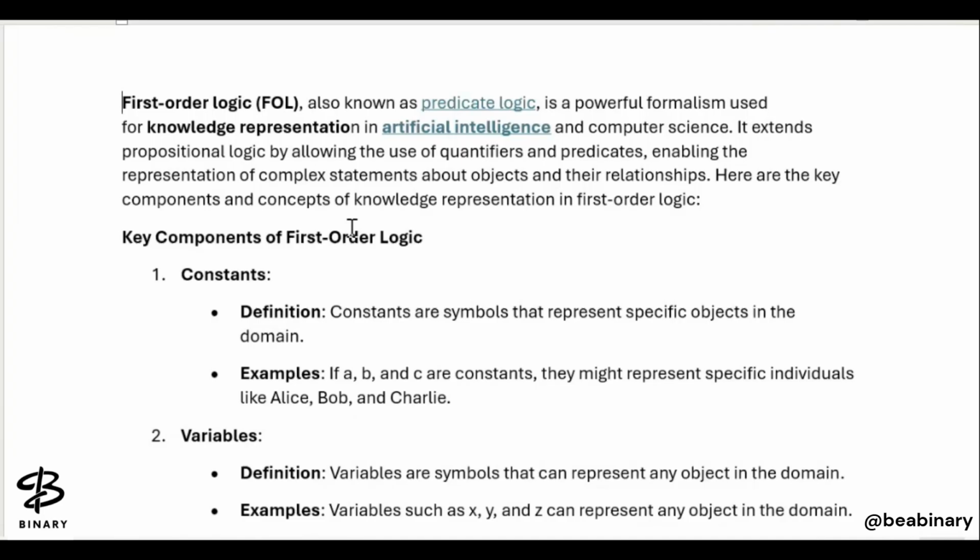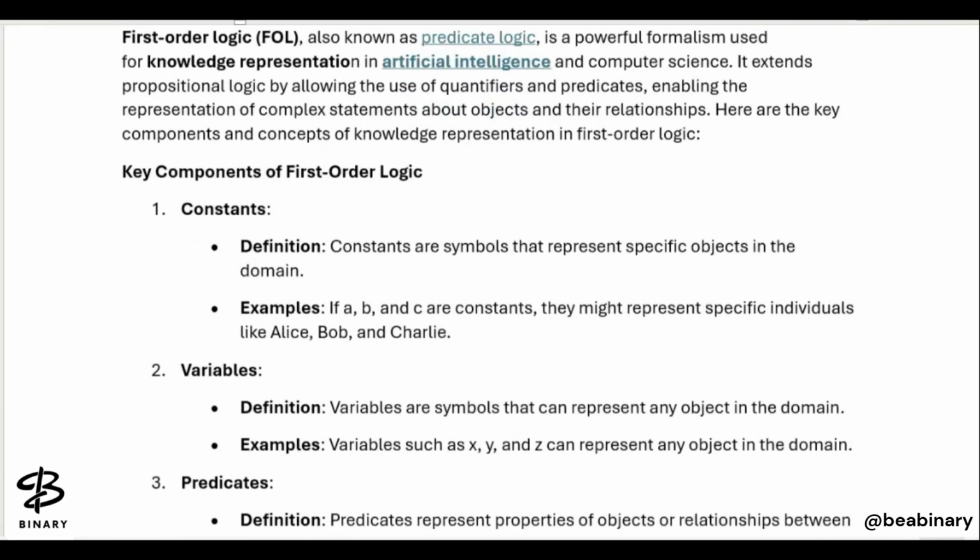Then we discussed the various logical connectives in predicate logic, such as and, or. Predicate logic is also known as first order logic, which is used in mathematics, computer science, and linguistics. So we have discussed the key components of predicate logic.